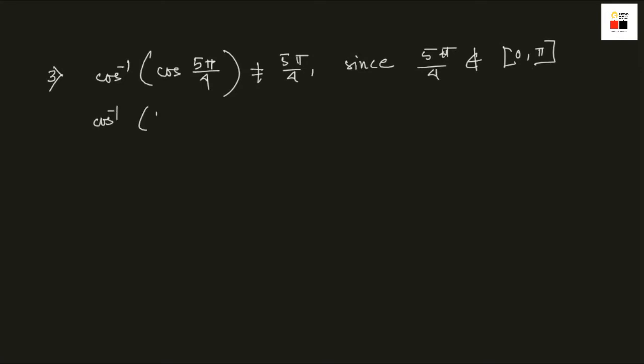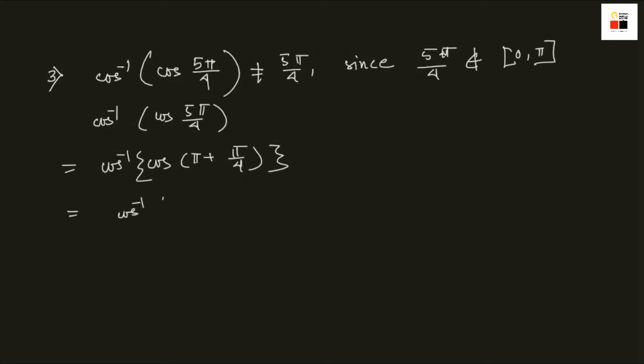Cos inverse cos 5 pi by 4 is cos inverse cos of pi plus pi by 4, which is cos inverse of cos pi by 4, but this will be negative.